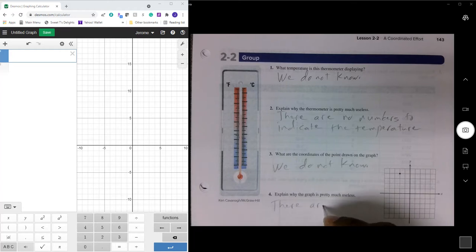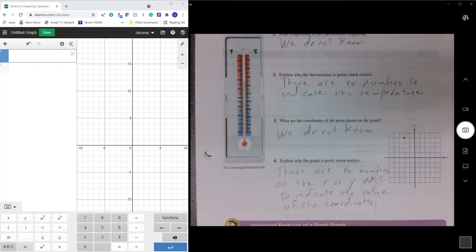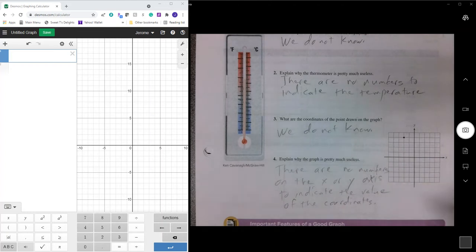There are no numbers on the x or y axis to indicate the value of the coordinates. And that's why they are useless.